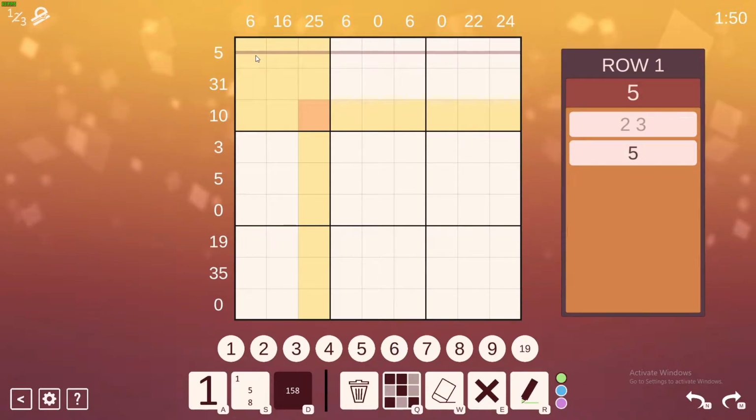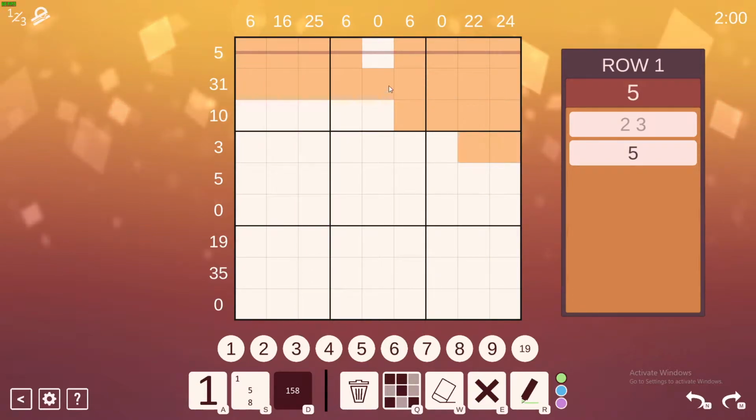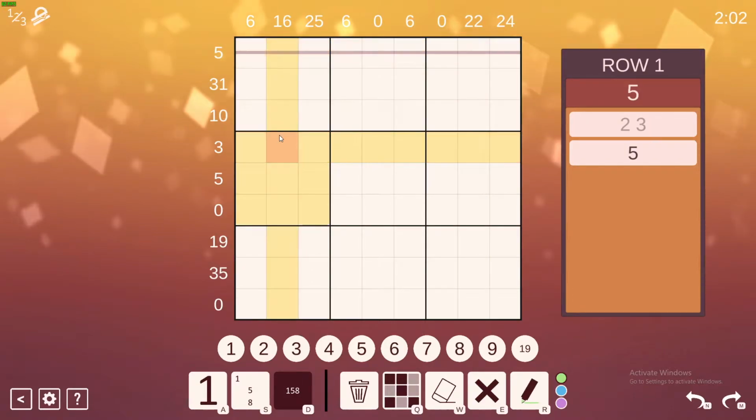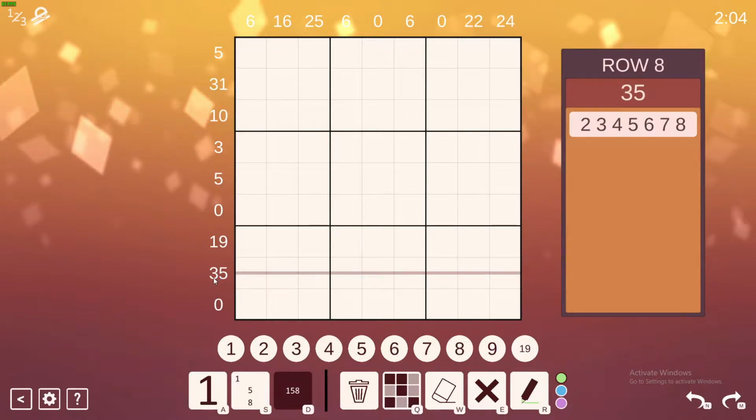So immediately when solving a sandwich Sudoku, you should look for clues that will lead. We have no numbers, so we should look for a clue that will help us out, such as this 35. This 35 indicates that we will sum up to 35.